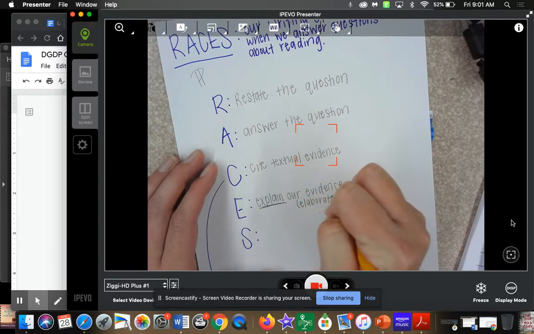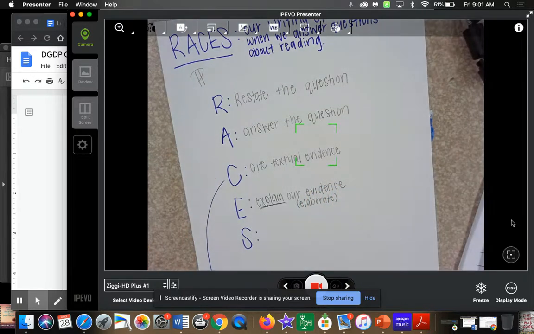And then the last one is S. S means sum it up. You know, when you write a paragraph, how you have a topic sentence? You can't just leave the paragraph hanging. I was told when I was younger to write a paragraph like a sandwich, where you have your top piece of bread and your bottom piece of bread. Remember that analogy? Without that ending sentence, it's like eating a sloppy Joe without a bun.